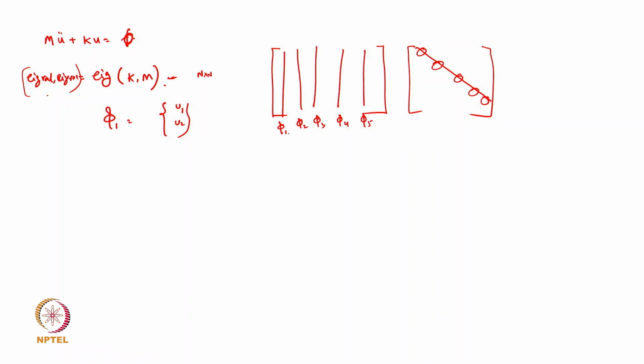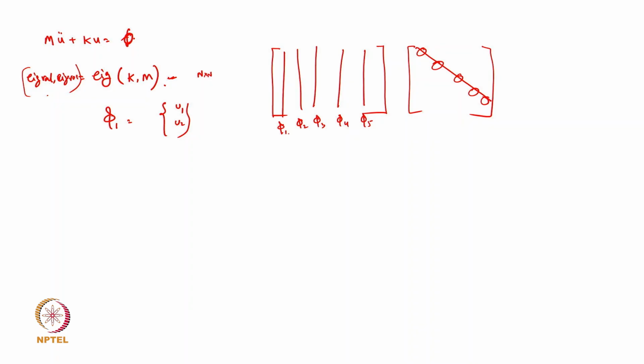If I call them phi 1, phi 2, phi 3, phi 4, up to phi n, here you will get omega 1, omega 2, omega 3, omega 4, or maybe lambda 1, lambda 2, lambda 3.